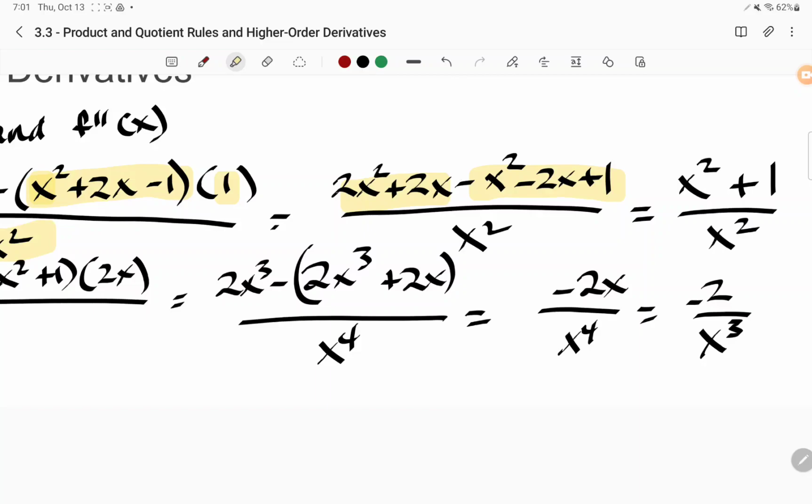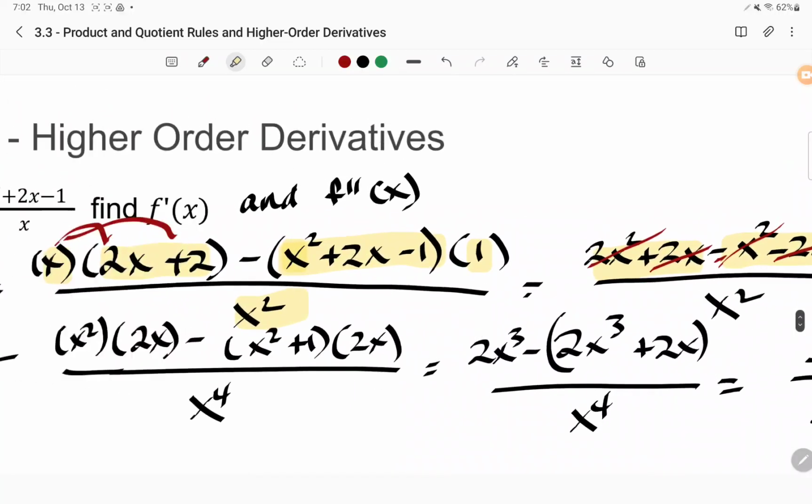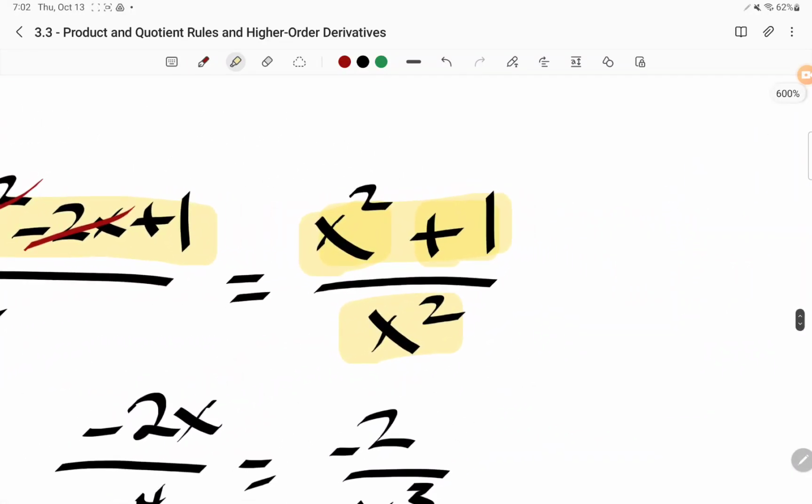But you have to just distribute that negative in there, and when we do this, the 2x squared and the negative x squared will simplify down to just 1x squared, and then the 2x and the negative 2x will cancel each other out, giving you just then plus 1. So x squared plus 1 over x squared. That's the first derivative. And if you didn't find the second derivative, just for fun, go ahead and try to find the second derivative. Once you're here, find the second derivative.